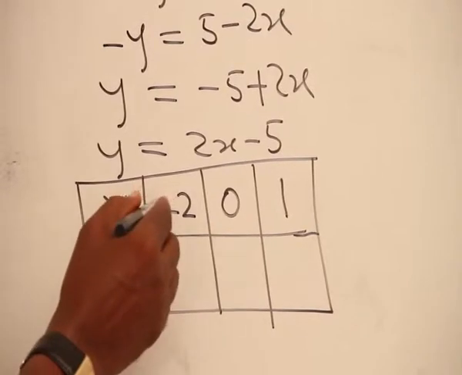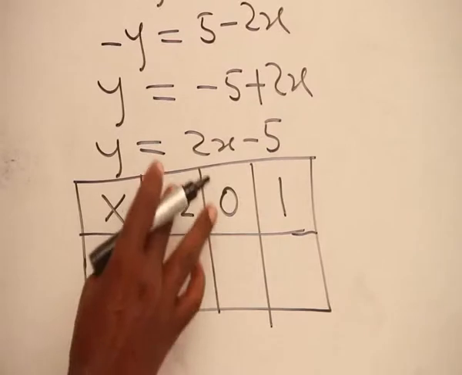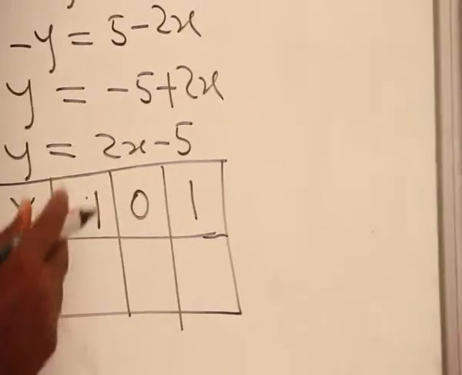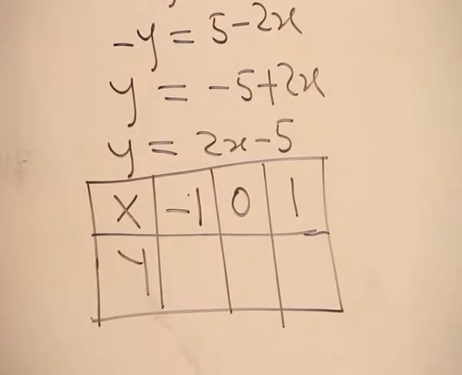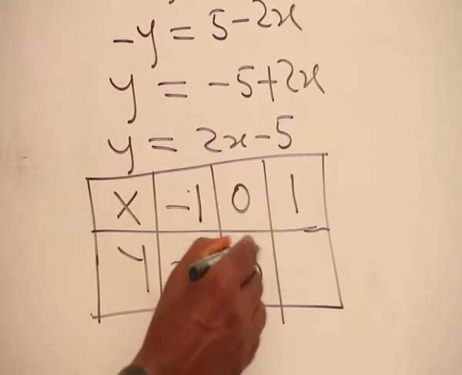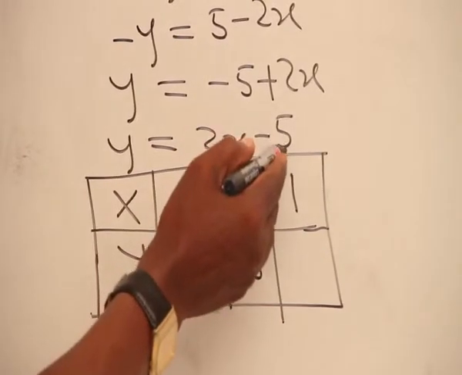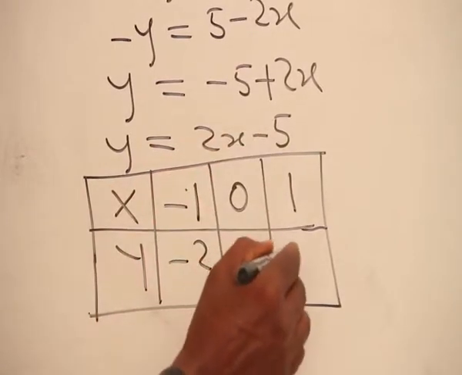So here, let's even take x as minus 1. Minus 1 times 2 will give us minus 2. When it is 0, minus 5. When x is 1, 2 minus 5 is minus 3.